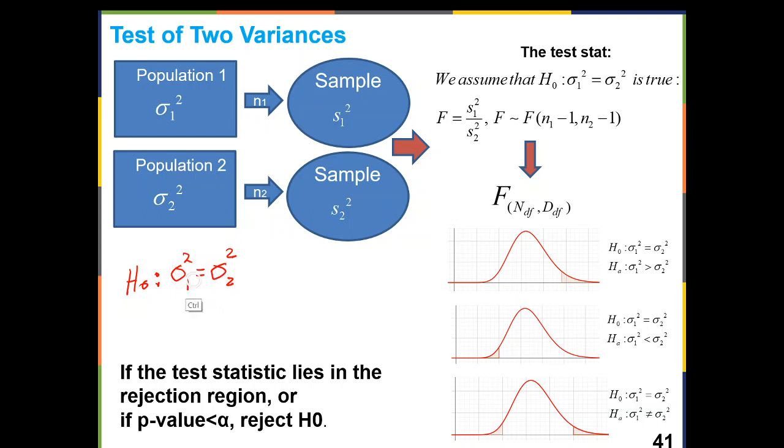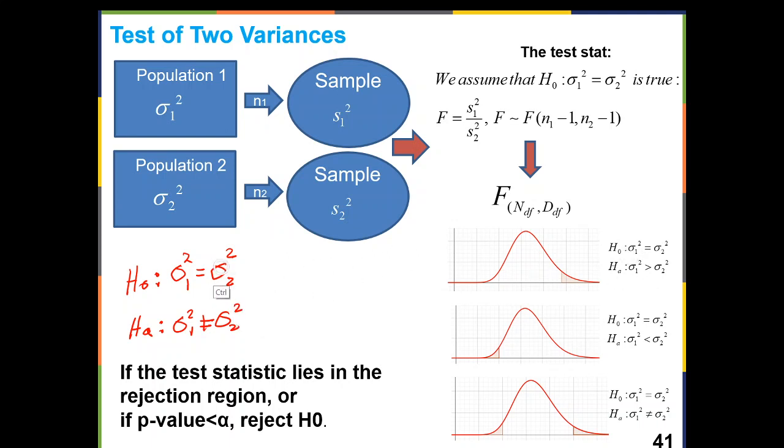The claim says something about the variances or standard deviations. So this test could be a two-tailed test, a left-tailed test, or a right-tailed test.